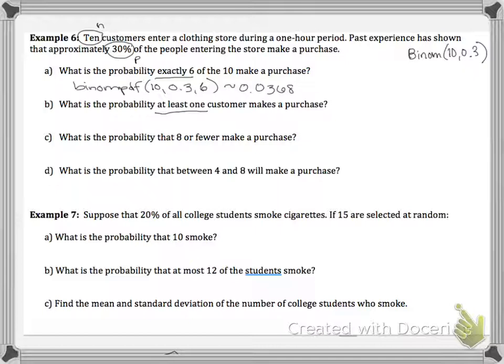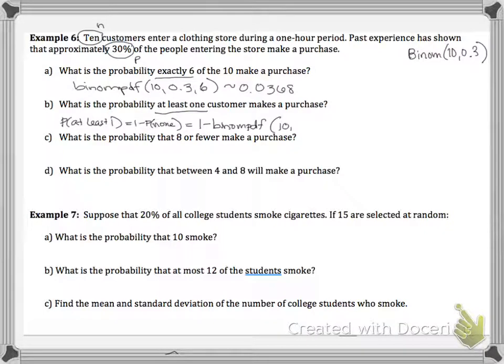Now this one says, what is the probability at least one customer makes a purchase? Assuming you watched the last video, we know that at least 1 is equivalent to 1 minus the probability of none. So here we can do this all in one step. None is the same as the binomial PDF with 0 successes.